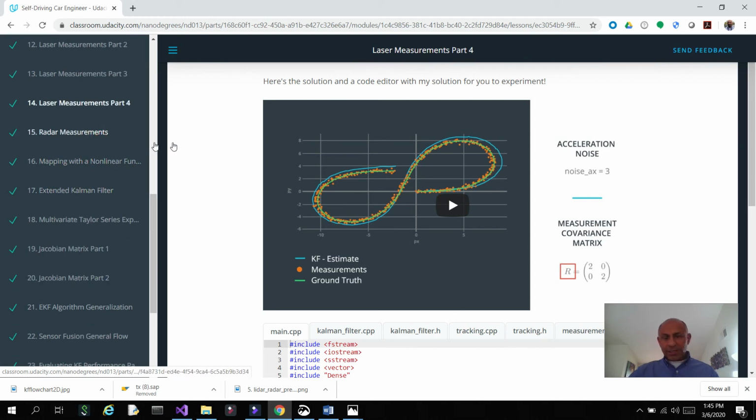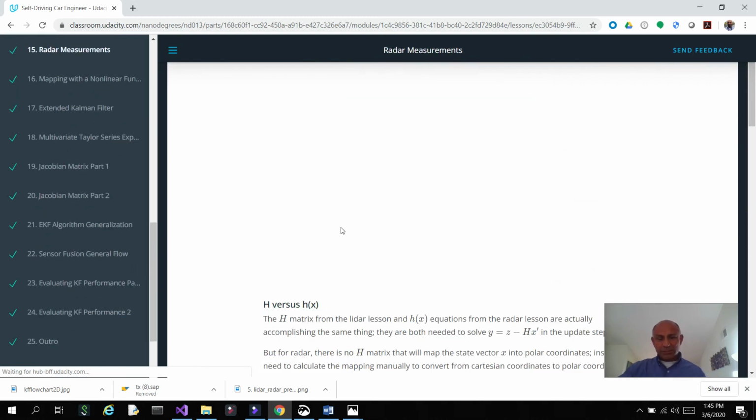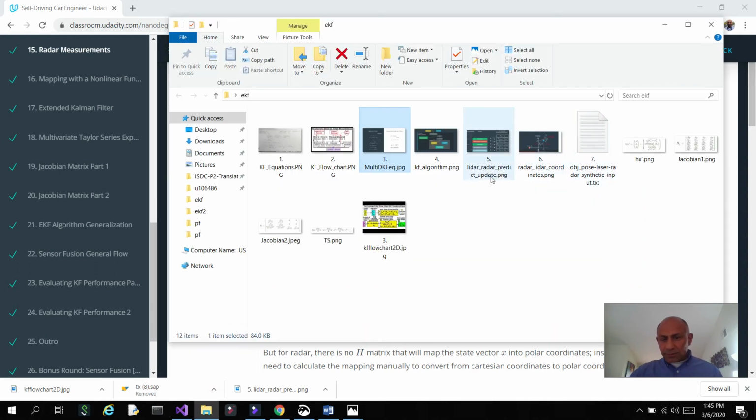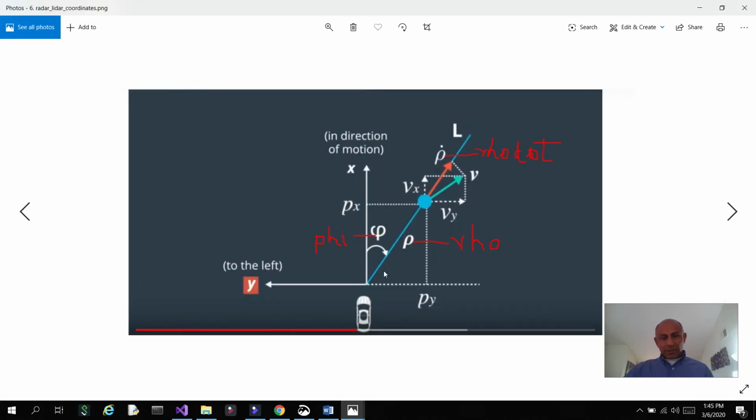All right, radar measurements. We need to talk about radar measurements a little bit here. So let's look at this diagram. This is vehicle coordinates.